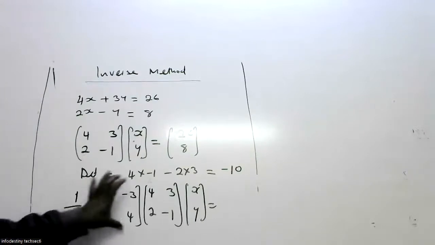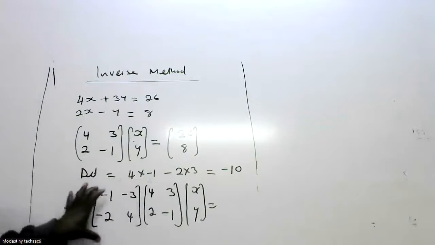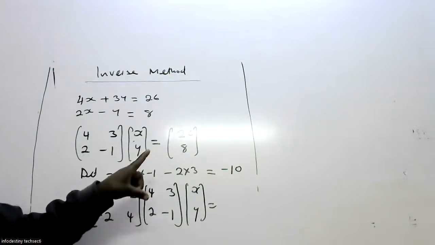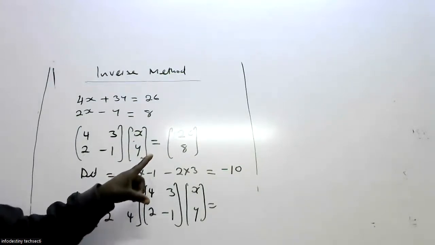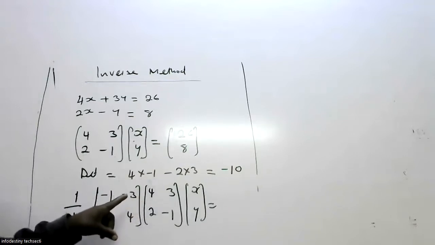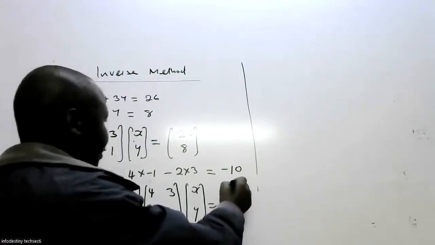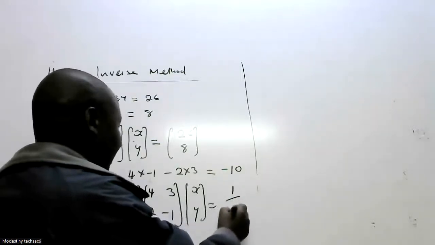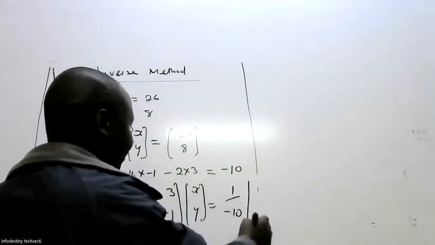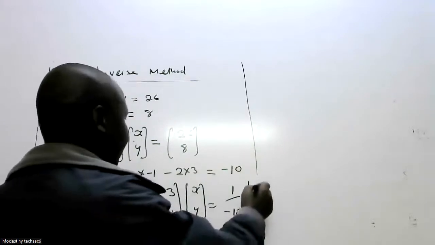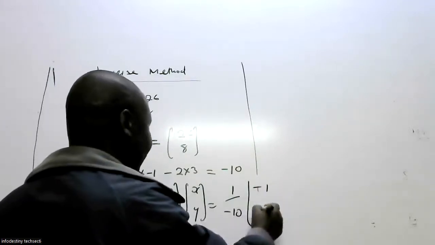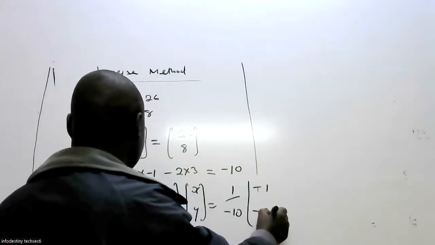We take this inverse here together. We multiply by what? The product here together. So that's going to be 1 over negative 10 into the bracket: negative 1, negative 2 together.